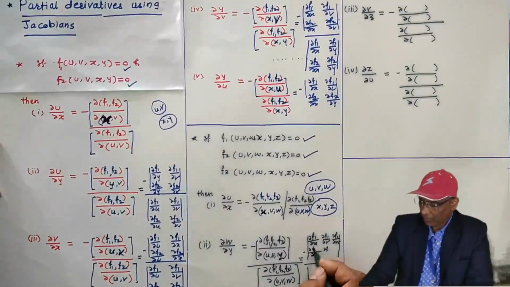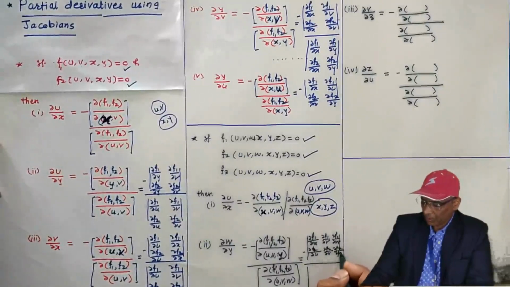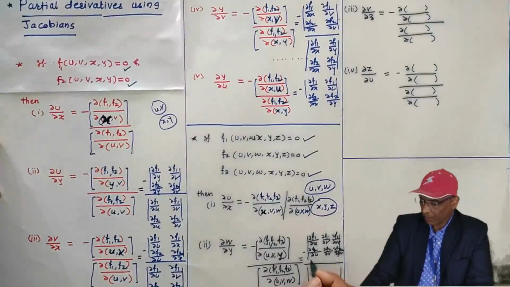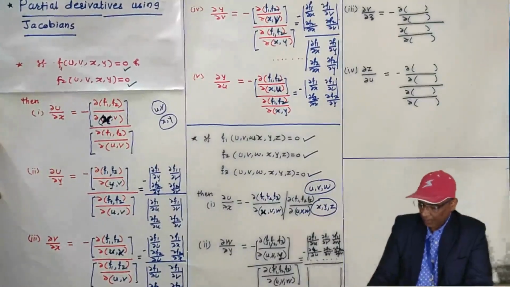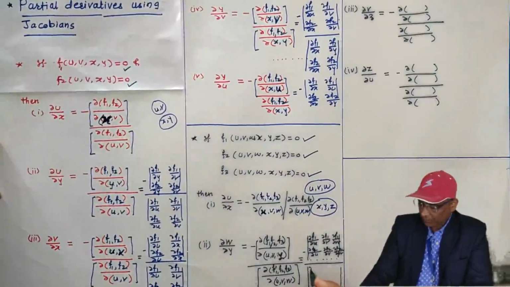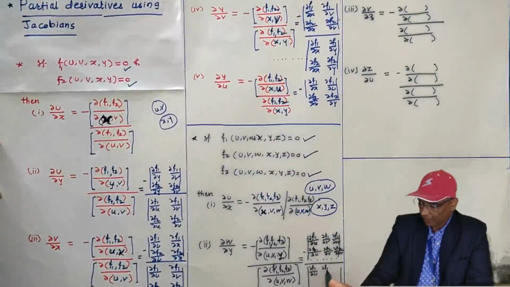This is the second row for f2, third row for f3. Here del f1 by del u, del f1 by del v, del f1 by del w.